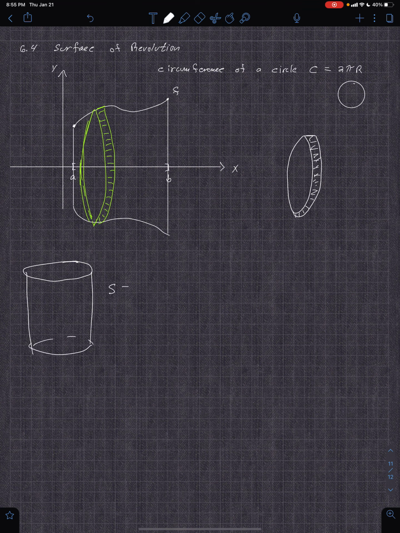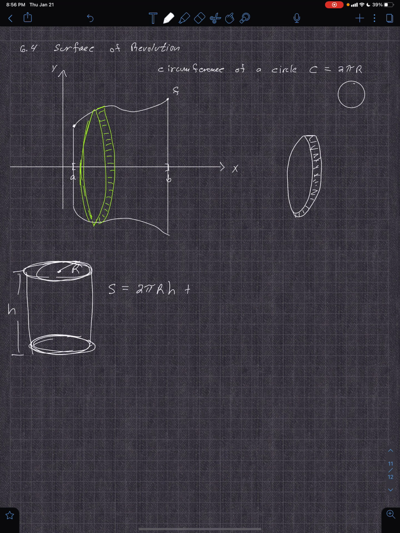The surface area of a cylinder with a radius r, and you can look this up to verify, is you take the circumference of the circle, which is 2 pi r, and then you multiply by the height, so it's times h, whatever that is.